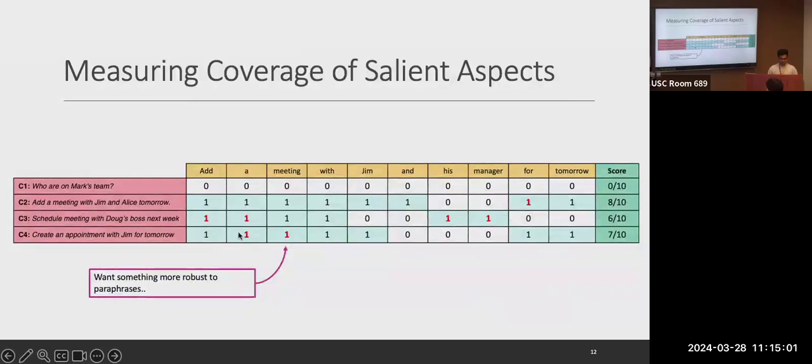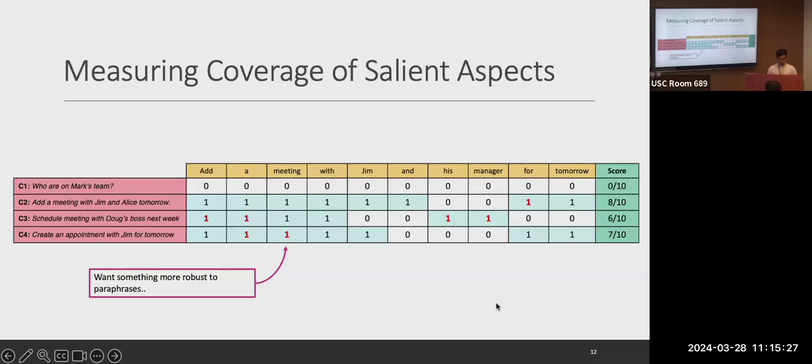If you do that, you would get a scoring which is much more reflective. If you match meeting and appointment, then you'll be able to get C4 up to 7, and then C3 will not be very far behind, but worse than C2 and C4 because it shows some additional information that is not relevant.